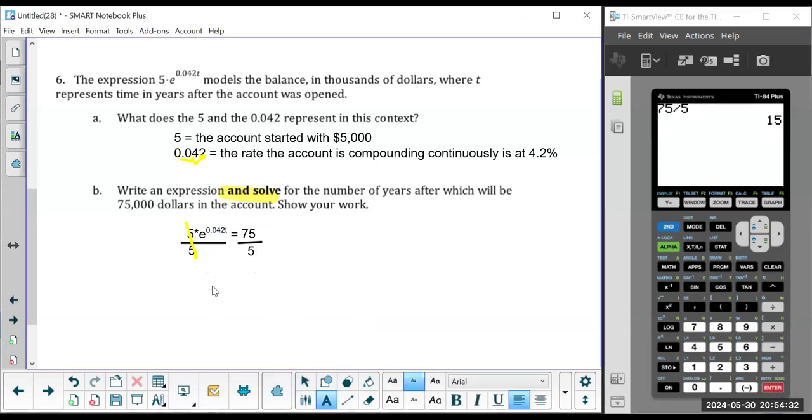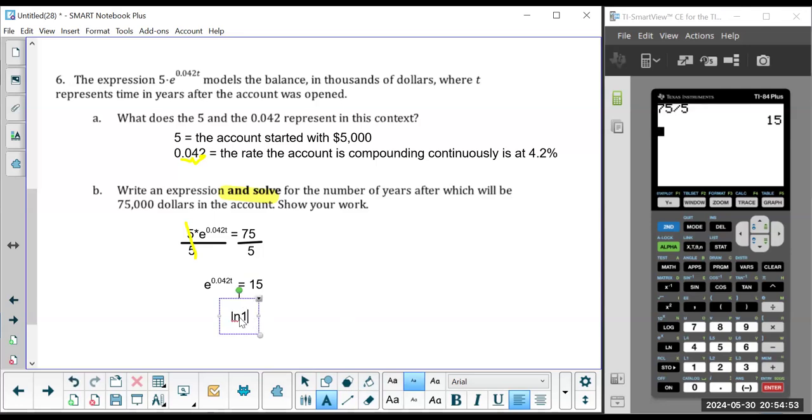So my next line of my equation is E to the 0.042 T equals 15. All right, so my exponent is where my variable is, so I need to make it a log problem, but my base is E. So we need to remember that it's not log base E. Whenever that happens, it's really the natural log, which is that abbreviation of ln.